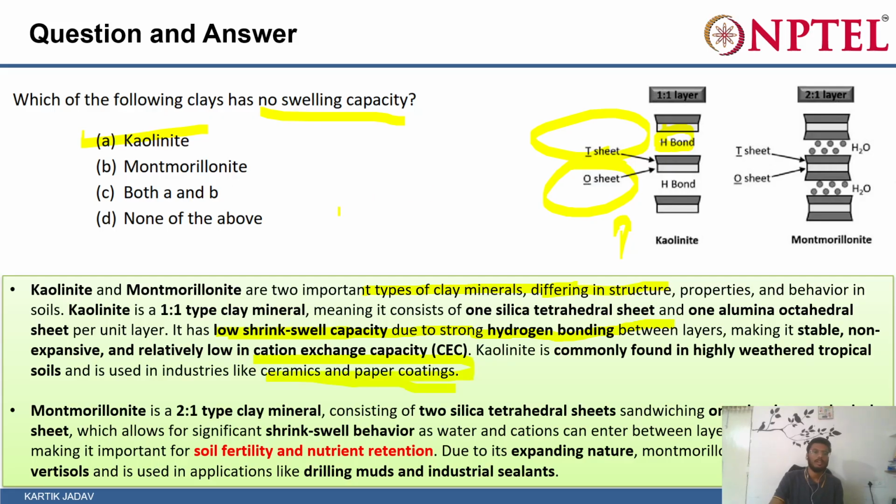Okay. While montmorillonite is a 2:1 type of clay mineral, consisting of two silica tetrahedral sheets sandwiching one aluminium octahedral sheet, which allows significant swell capacity.